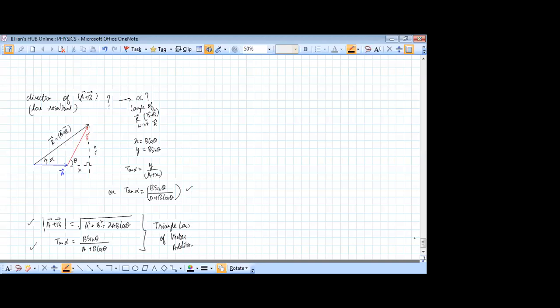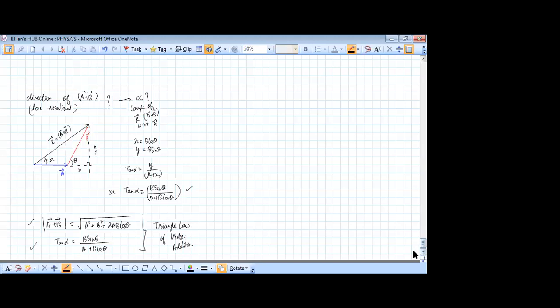Alpha is just a symbol, beta. We can use some other symbol instead of alpha, beta, gamma, it doesn't matter. But why did we need to find alpha? Because we wanted to find out the direction of the resultant vector. So how will we express direction? Using some kind of angle. So the symbol I use for the angle is alpha. The standard symbol we use generally is alpha, but that's not the point. Just like theta is the standard symbol used for the angle between A and B, similarly alpha is the standard symbol that we're using for the angle between the resultant and the vector A. So that's just a point of nomenclature.